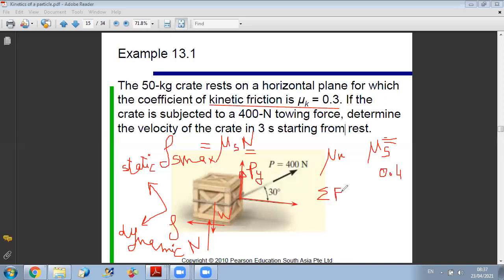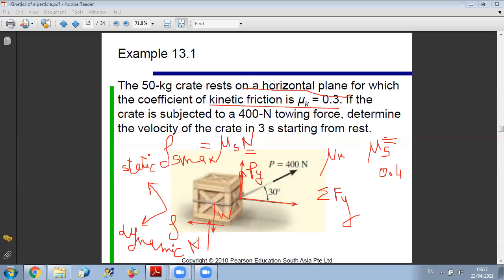at least here, I can be sure that because they said it's moving on a horizontal plane, I should have a normal reaction. In case I'm not sure if P will lift the crate or not, what can I do? I make an assumption. I say, let us assume the crate is not moving vertically.